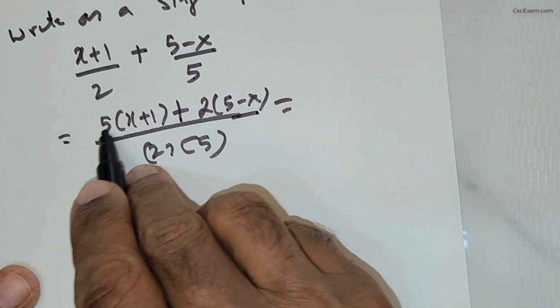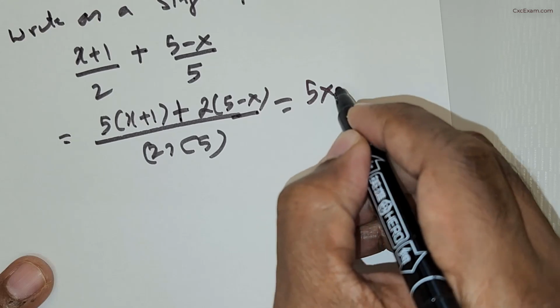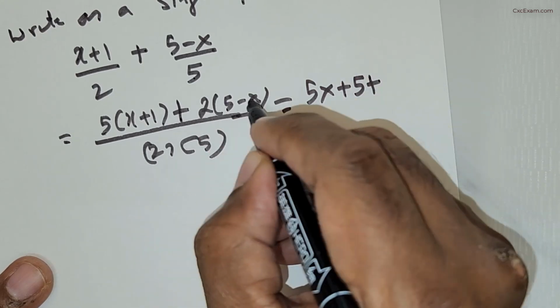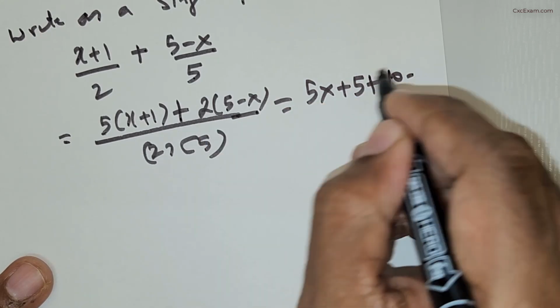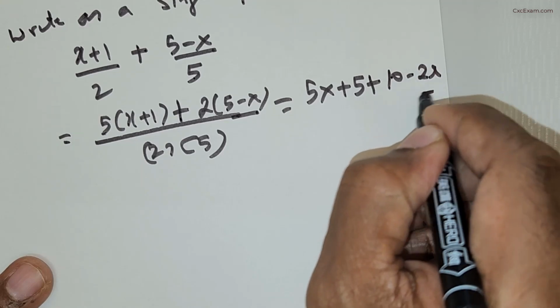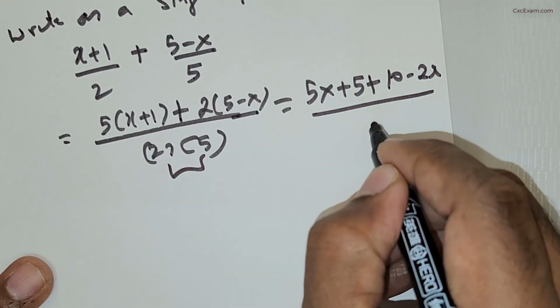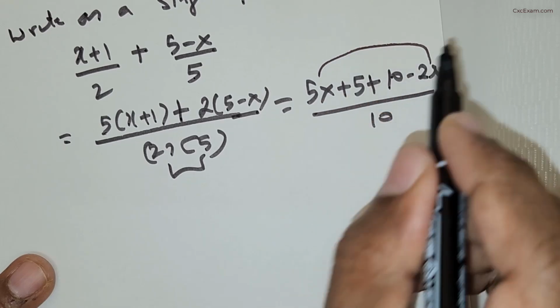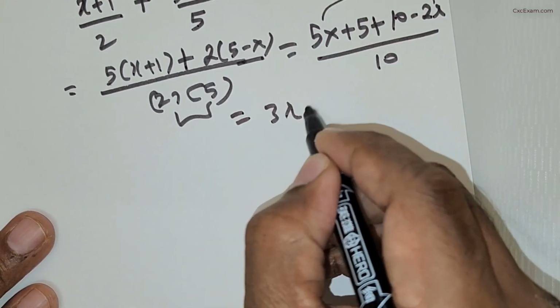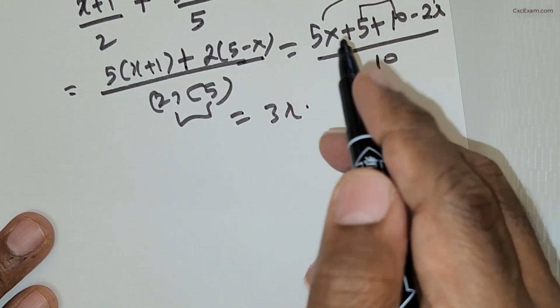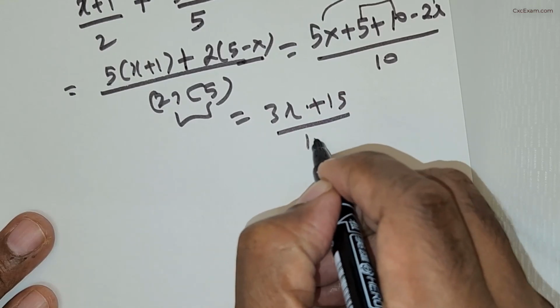So this is equal to, distribute this 5. You get 5 times x positive 5. Distribute this 2. 2 times 5 is 10 followed by negative 2x, divided by 2 times 5 is 10. Add 5x with negative 2x, that's going to be 3x. Add 5 with 10, that's going to be 15 divided by 10.